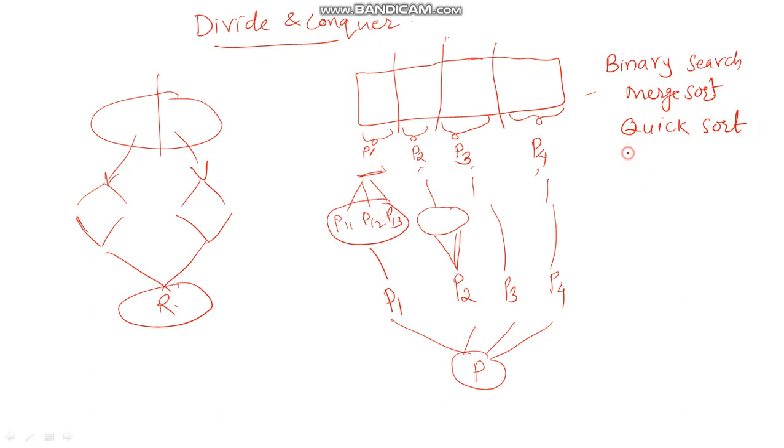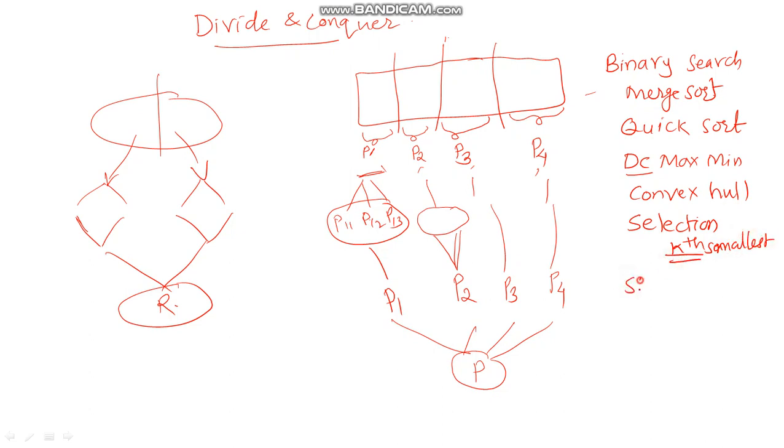Then we have DC max-min, so finding out the maximum and minimum of a given array by using divide and conquer methodology. We have convex hull. We have another algorithm called as selection algorithm. This is not selection sort, but it is selection algorithm wherein we are interested in finding out kth smallest element. So as we find smallest element, instead of that I want to find out kth smallest element.